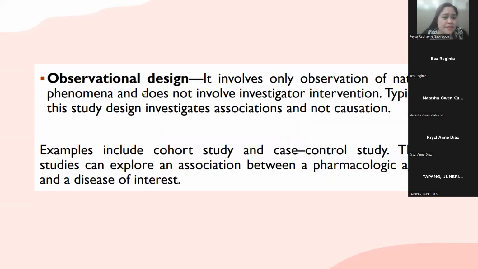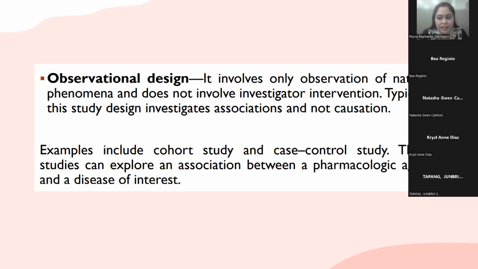And then actually observational research design is still under classification based on investigator orientation. Kasi 'di ba yung observational design or the analytical design, nasama din siya kanina sa purpose, yung cohort and the case control study. Andito pa rin siya sa classification na ito. Kasi depende pa rin sa orientation of the researcher or the investigator.